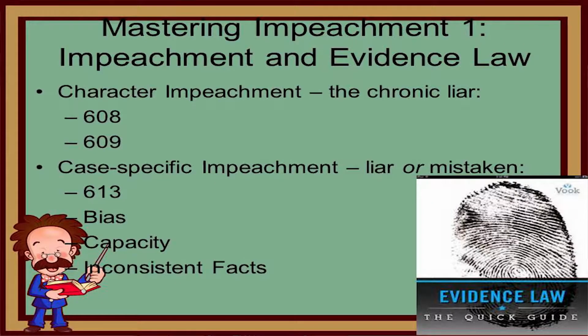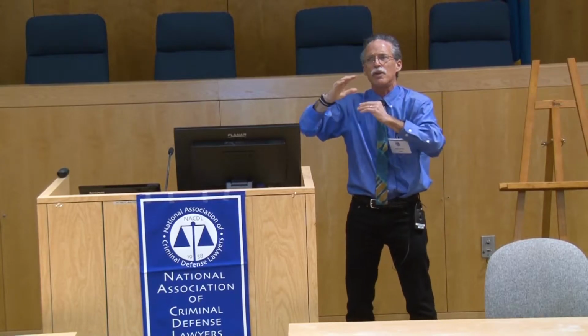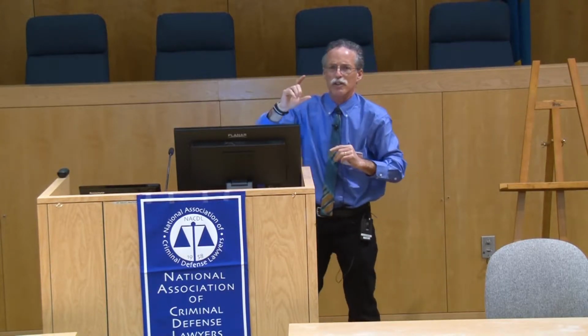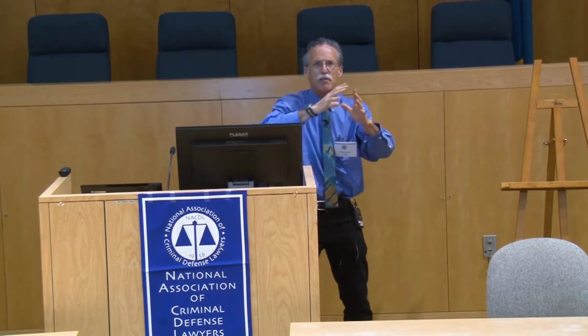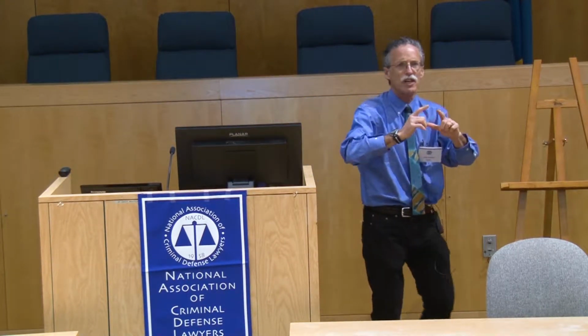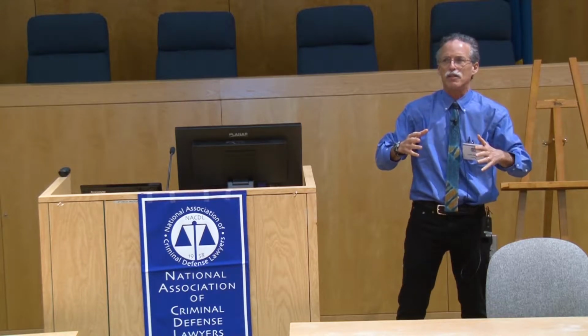So let's master impeachment. This is my dichotomy. I think it's correct. If you conceptualize all the different ways there are to impeach, they really fit in only two categories. One type of impeachment of a witness is character impeachment.